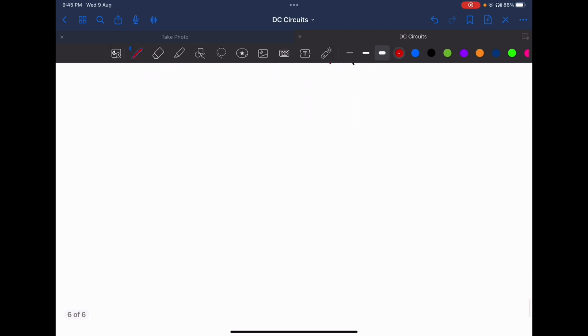All right, the next thing is what we call a potentiometer. What is a potentiometer and how is it different from a potential divider? Okay, let me give you an example.